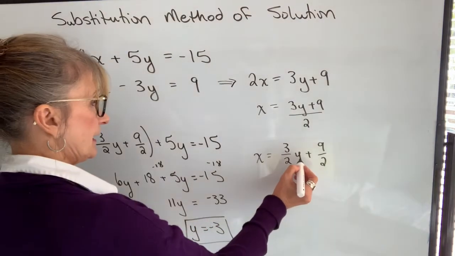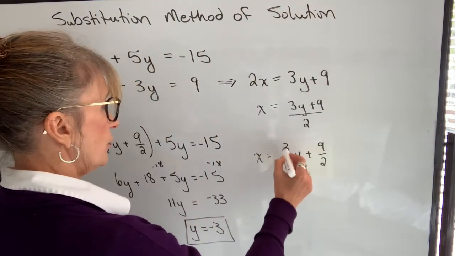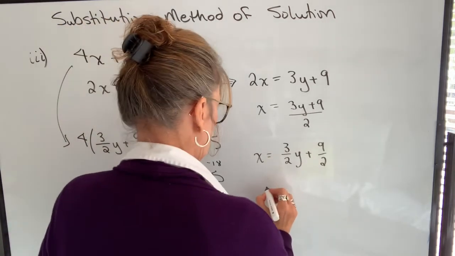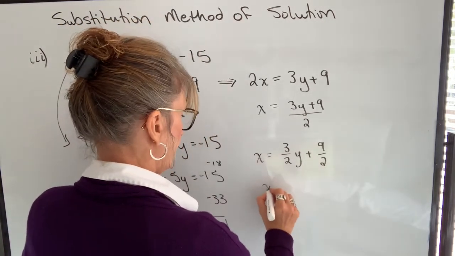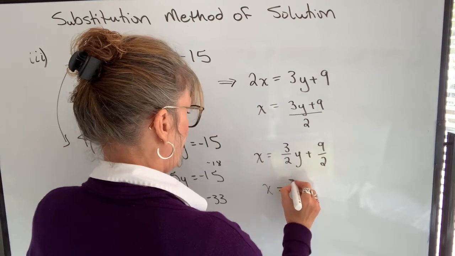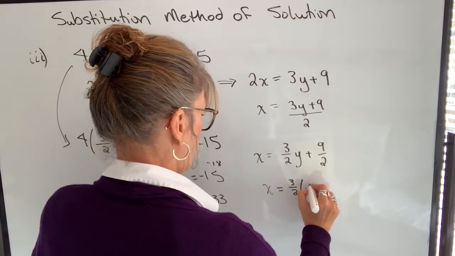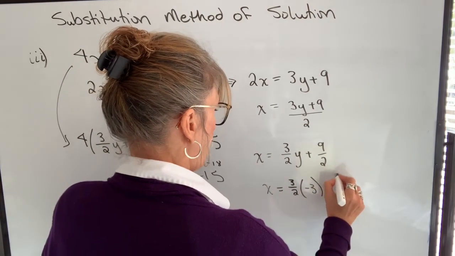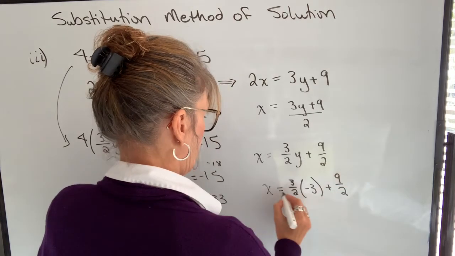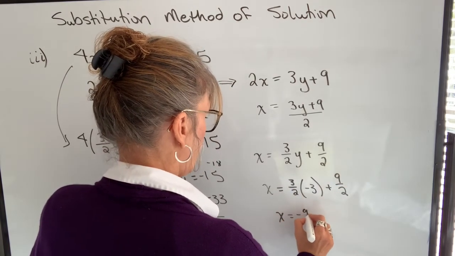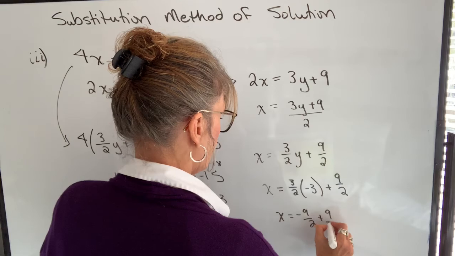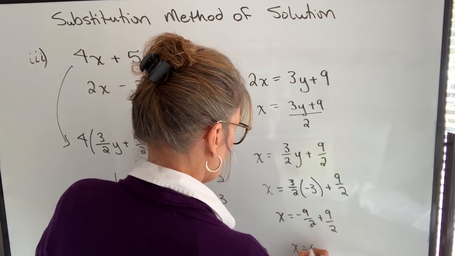I plug that in to this equation to find my solution for x. So x will equal 3 halves times negative 3 plus 9 halves. So x will equal negative 9 halves plus 9 halves. So x will equal 0.